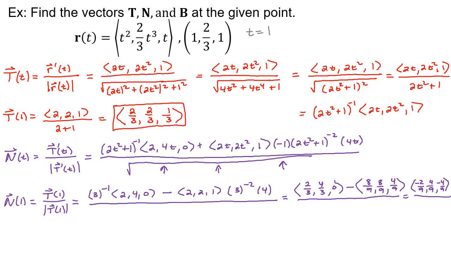Now, for the bottom part, I left the primes off over here. If I was to plug the 1 into the derivative part, I would end up with <-2/9, 4/9, -4/9>. So I need the magnitude of that vector that I just finished finding. And so I'd have the square root of (-2/9) squared, (4/9) squared, and (-4/9) squared.